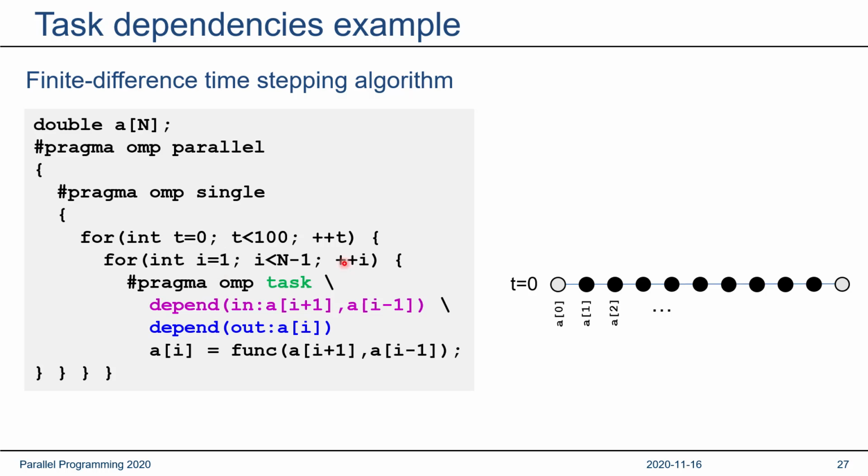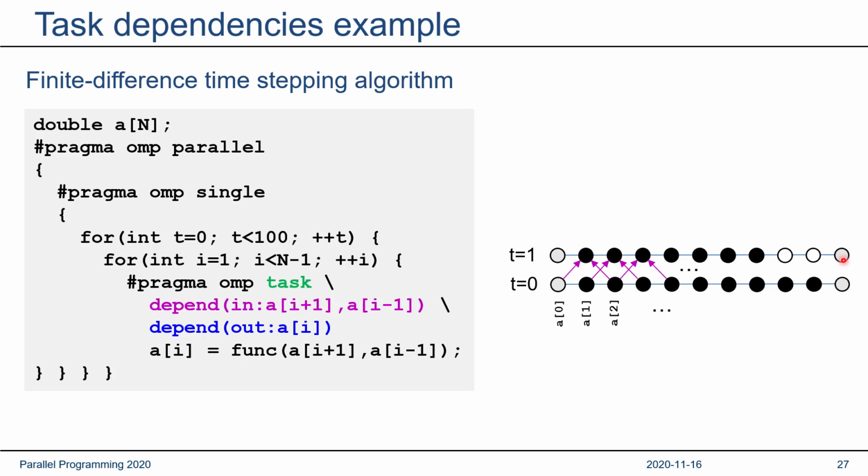The loop index is i. So here's our array of values, a of 0 to a of n minus 1. Now what we want to do is update the elements of this array by taking the neighbors of the current element i, a of i plus 1 and a of i minus 1, plugging them into a function, and the result of the function is then written to a of i.